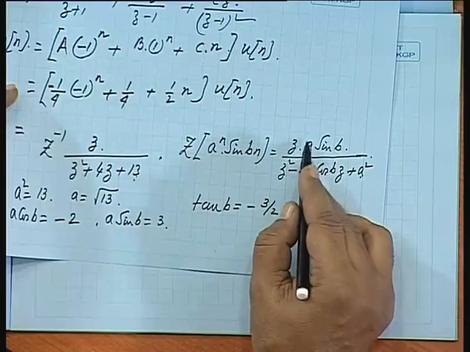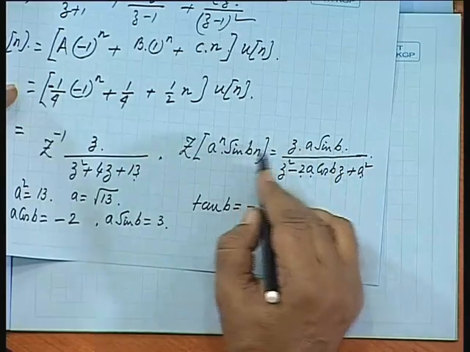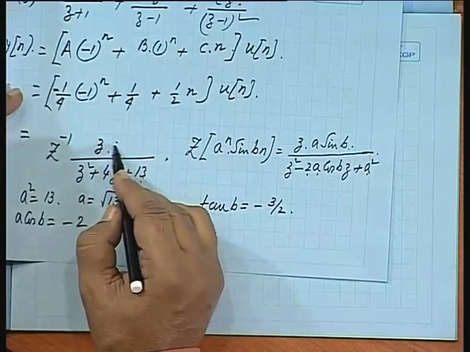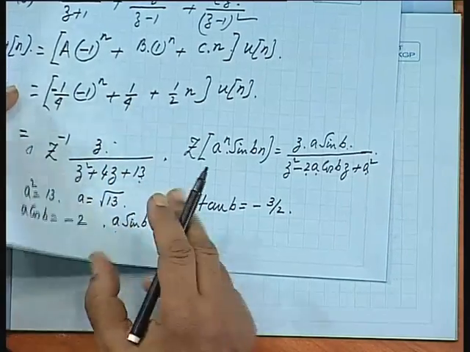I have made it in the form of z a sin b. A sin b is 3. So, I put 3 here and taken 1 by 3 outside.